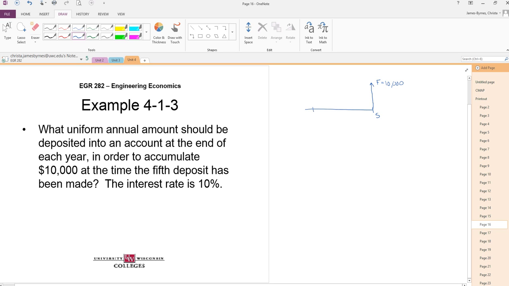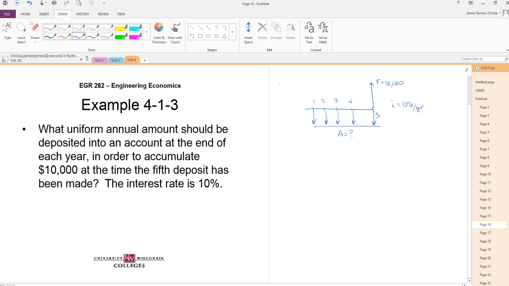We want to know, 1, 2, 3, 4, how much do I need to deposit in each of these? That's what we're looking for. And our interest rate is 10% per year.